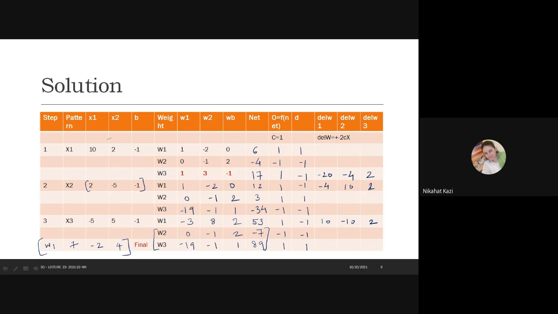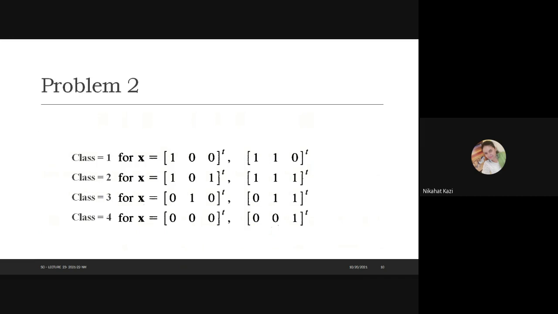So if you run this in a loop, you can go for n number of iterations. You can stop solving the problem by computing the cycle error. When it becomes 0, you can stop. Okay. So this is how the single perceptron is extended to a layer of perceptrons. This particular problem that is given here, there are 4 classes, and for each class there are two patterns which belong to that class.